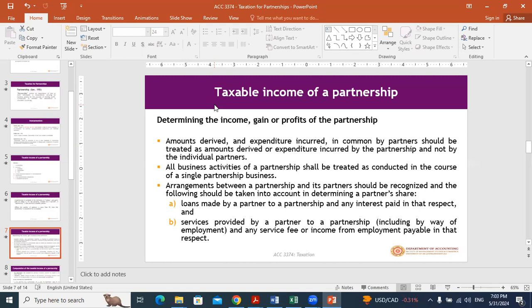That rent has to be treated as an expense of the partnership, not a personal expense of Mr. A or the individual partner. This is common for income also. Let's say there is a partnership, two partners, A and B, who provide consultancy services. Mr. A provided consultancy services to a client of the partnership. Therefore, that is an income of the partnership.